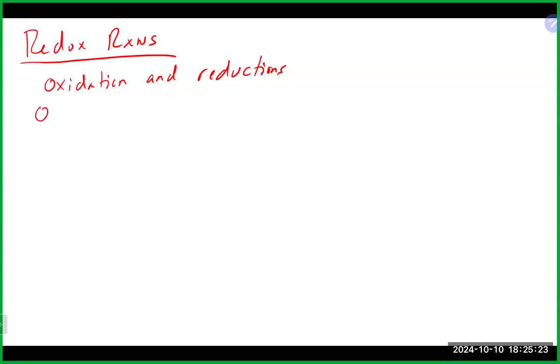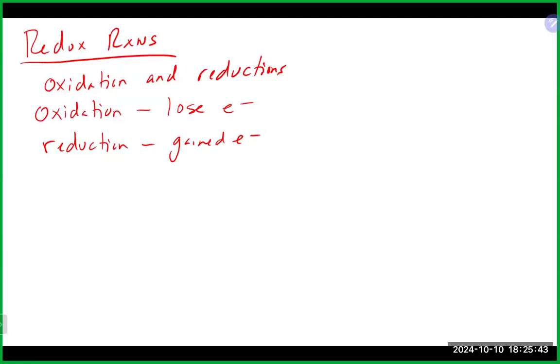There are a few definitions for each of these, but we will focus on just the two that we commonly use here in general chemistry, which is that oxidation means that somebody has lost electrons or will lose electrons. Reduction again means that somebody has gained electrons.